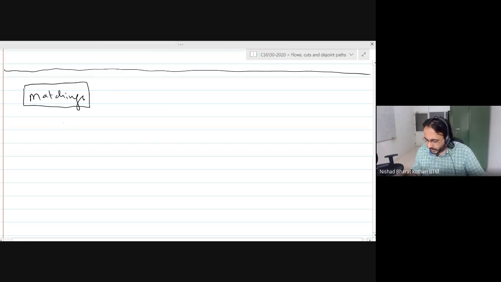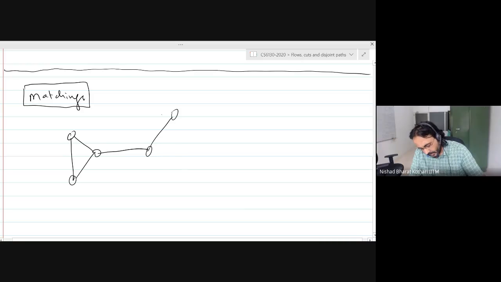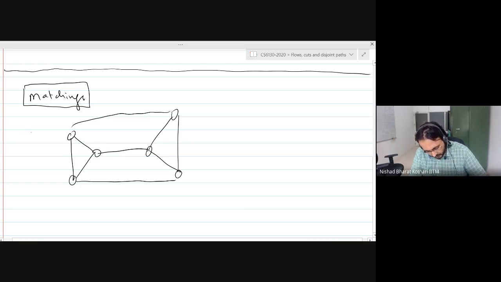Okay, since there are some of you who may not have seen matchings at all, I'm going to go through what matchings are. Let's just start with the definition. Here is an undirected graph G. Now we are back to undirected graphs.